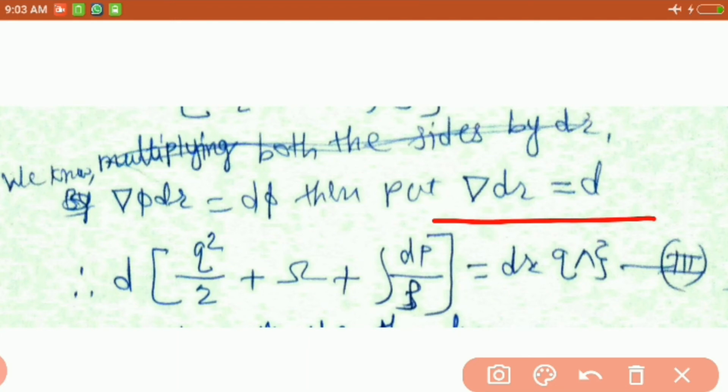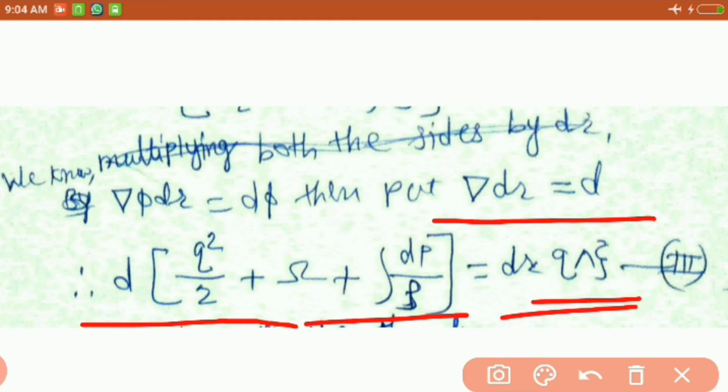So in equation second, taking both sides with dr, that equation is ∇(q²/2 plus Ω plus the integration of dp/ρ)·dr. So this ∇ and dr, ∇·dr is d. We get the equation d(q²/2 plus Ω plus the integration of dp/ρ) is equal to dr·(q × ζ). This is equation third.